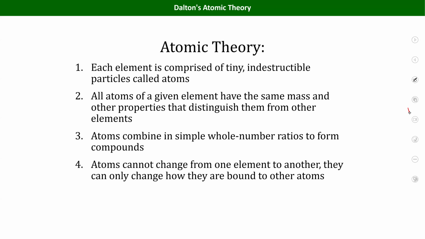Why they happen the way they do is because all matter is comprised of tiny indestructible particles called atoms. All atoms of a given element have the same mass and other properties that distinguish them from other elements. Those atoms can combine in simple whole number ratios to form compounds.